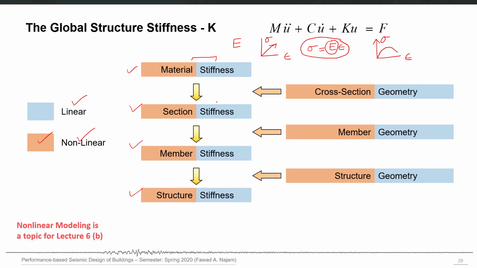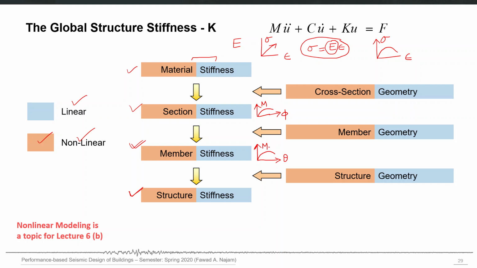So similarly, at cross-section level also, at member level also, and at structure level also, the relationship between actions and corresponding deformations can be non-linear also. For example, at cross-section level, the relationship between moment and the curvature of the cross-section, phi for example, can be non-linear. At member level, the relationship between moment and the rotation of the member, theta, can be non-linear.